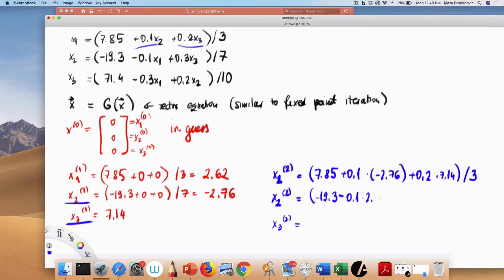It's going to be 62 plus 0.2 times 7.14 divided by 7. 0.3. 0.3, correct? Minus 0.3 times 2.62 plus 0.2 times negative 2.76 divided by 10.